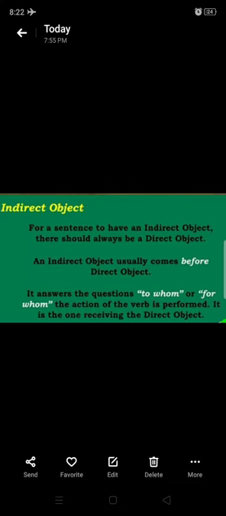Now remember this, the indirect object answers the question to whom and for whom the action of the verb is performed. It is the one receiving the direct object.